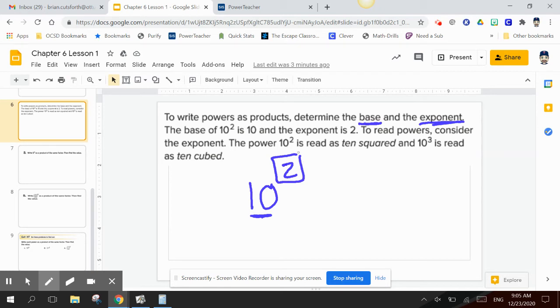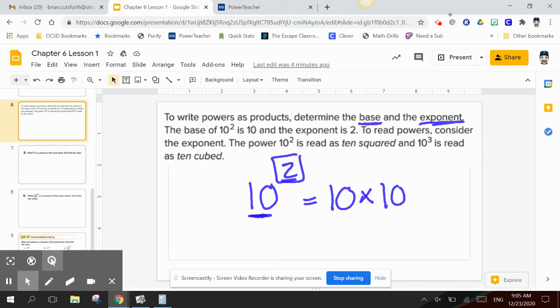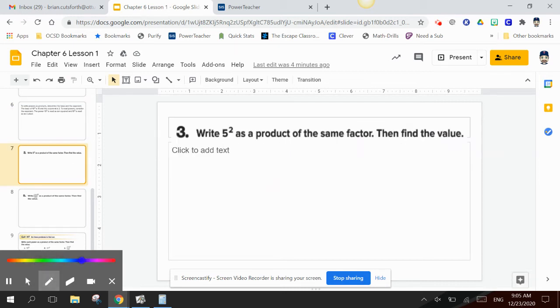So to write this as an expression, I would take my base number, which is 10, and I'm going to multiply that 2 times. Not times 2, but times 10, so I have 2 10s. So let's write 5 to the 2nd power as a product of the same factor. Then we're going to find its value.